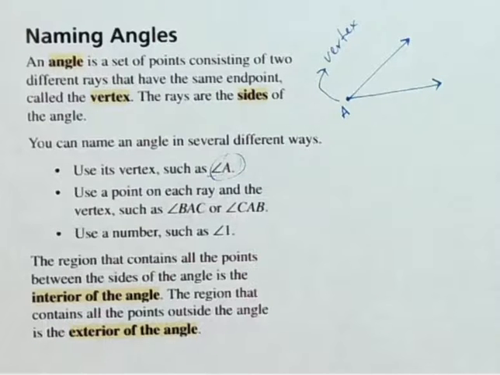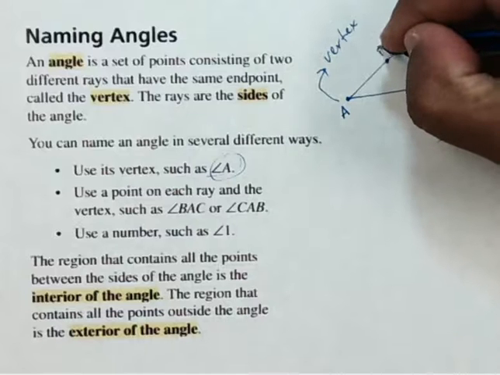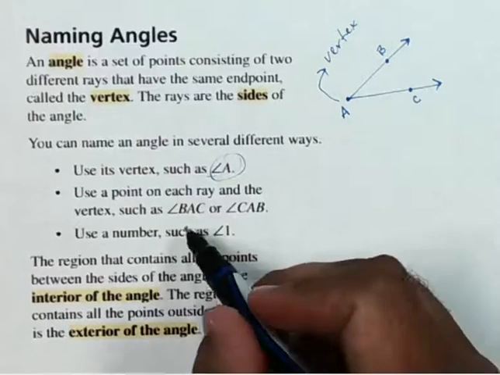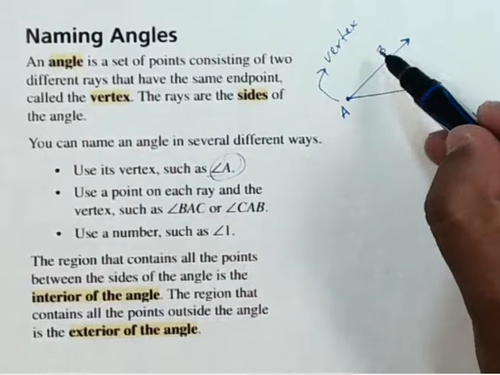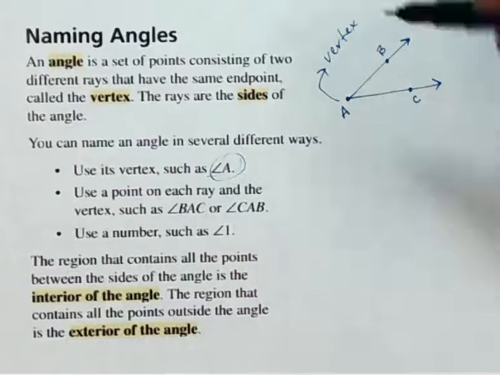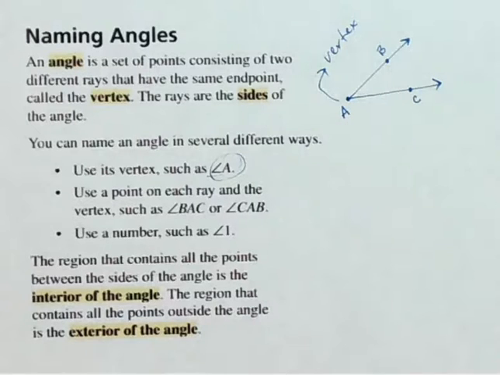We could also pick a point on each ray. So we'll call this one B, and we'll call this point here C. And so we could name it going this direction. We can go from B to A to C, and we'd call it angle BAC. Or we could go the other direction. We could start at C and call it angle CAB. All right.